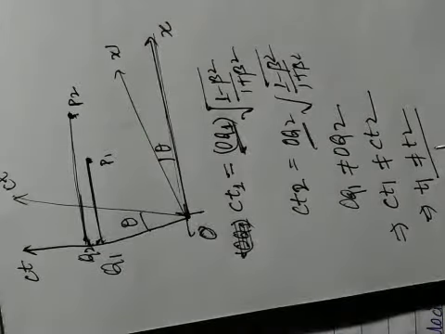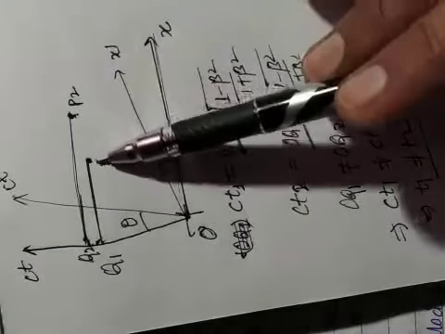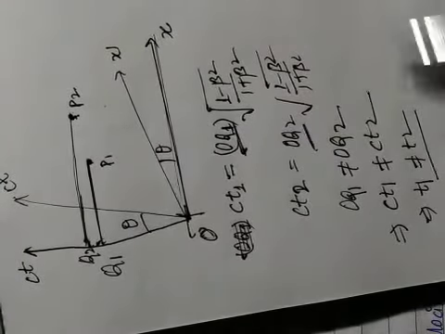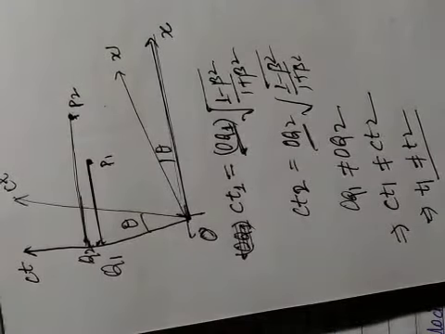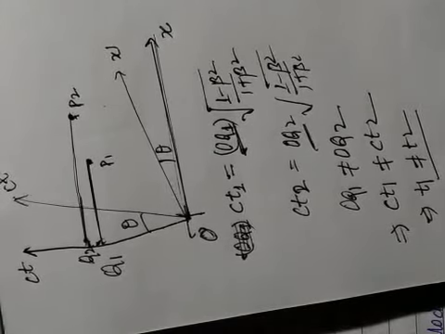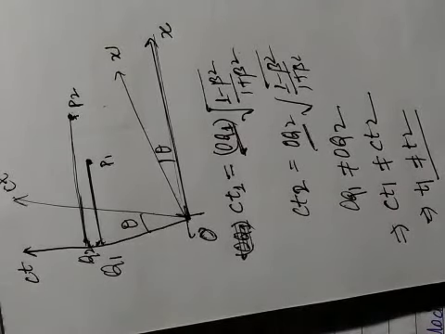So you can say that events which occur simultaneously in the S prime frame do not occur simultaneously in the S frame, and the reverse is also true. This is the relativity of simultaneity. That means two events which are simultaneous in one frame, occurring at different points, are not simultaneous in the other inertial frame.